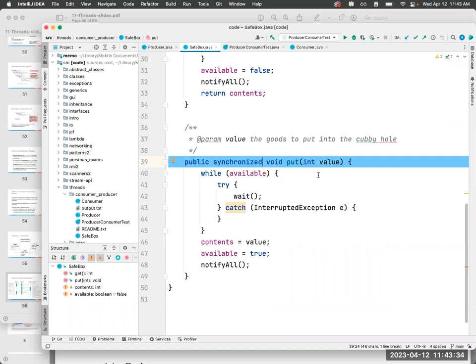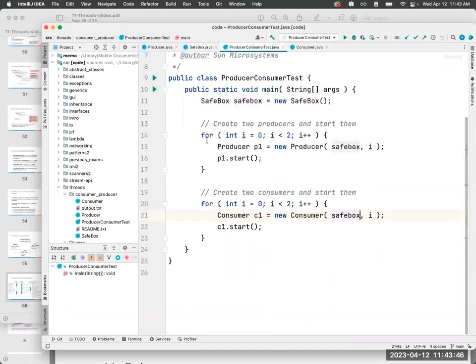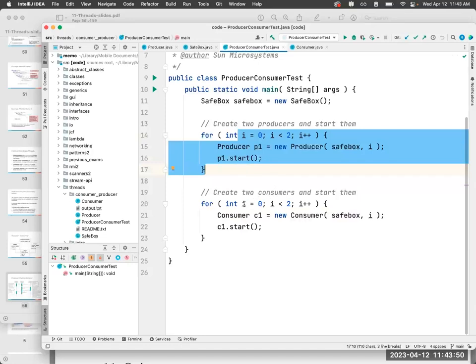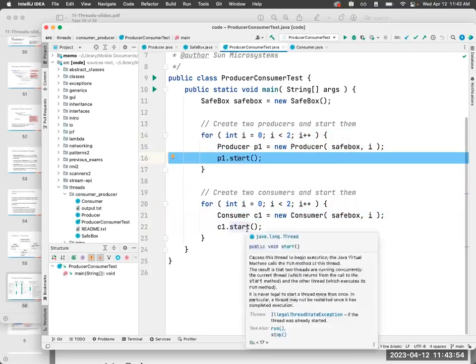Then one of these producer threads can now go on and continue the put process. Make sense? And the main class is just setting everything together, right? So here I'm just creating two producers and two consumers and starting those things and then seeing what happens, right?